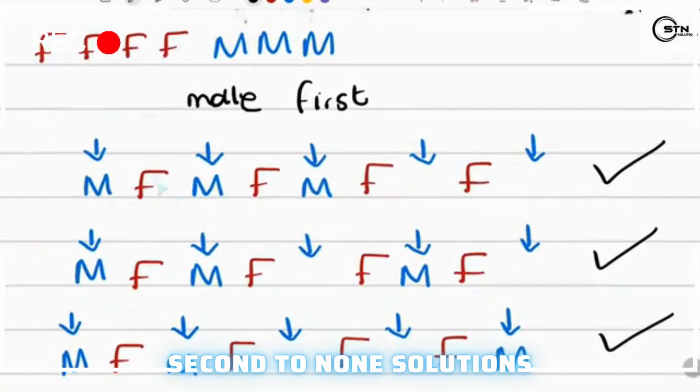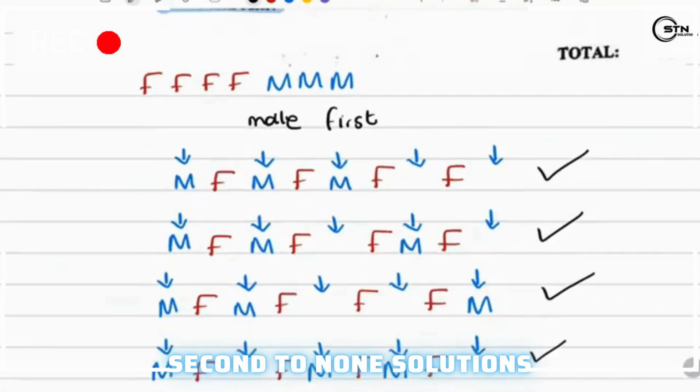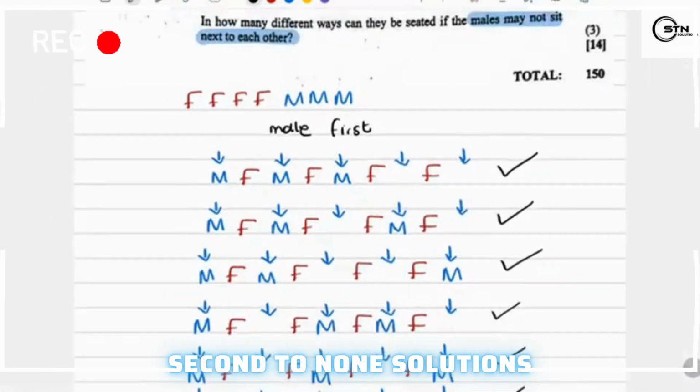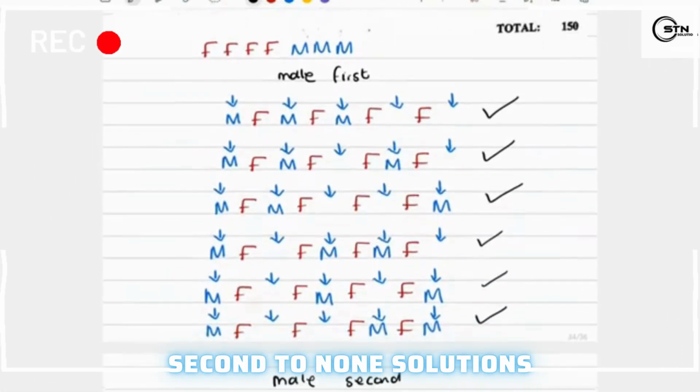Remember that these females are not the same people and the males are not the same people either. So it means that this female particularly doesn't have to be seated here. She could be here or here or here, right? Because of that, we also have to now consider the kind of pattern it's going to create.